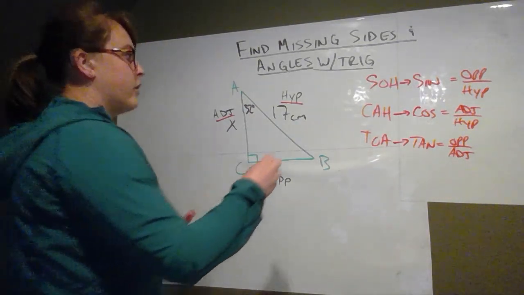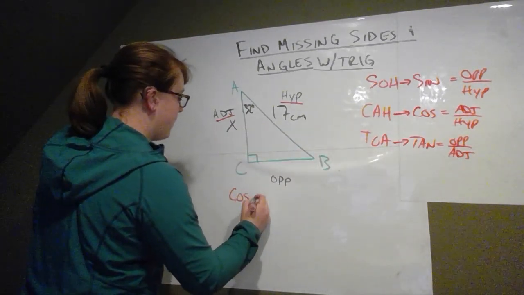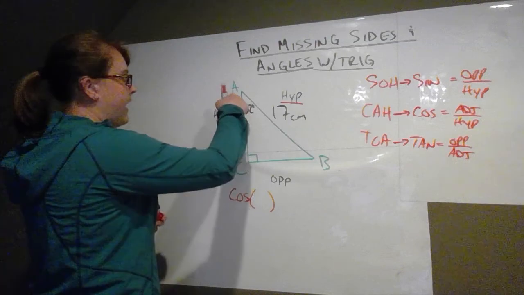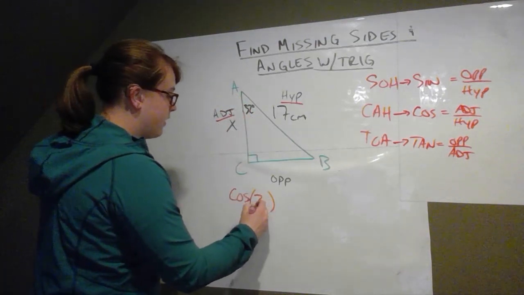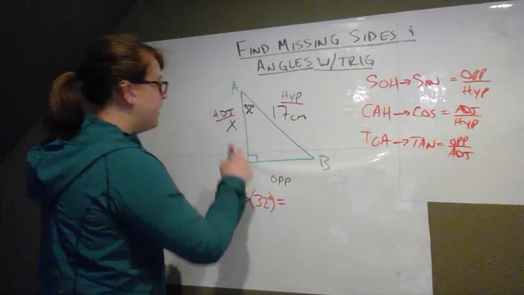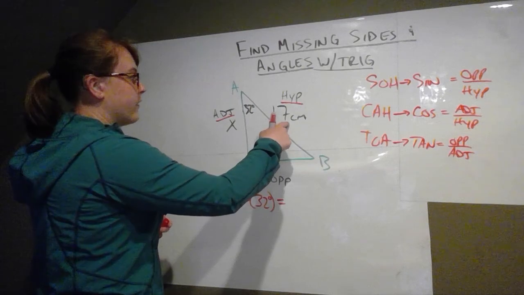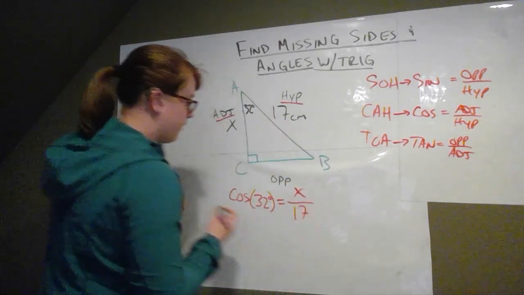So here's how I'm going to set up my problem. I'm going to take my chosen trig function, cosine, of angle A, and angle A is 32 degrees. So cosine of 32 degrees equals the adjacent side over the hypotenuse, so x over 17.